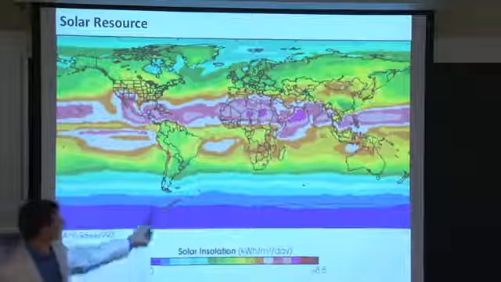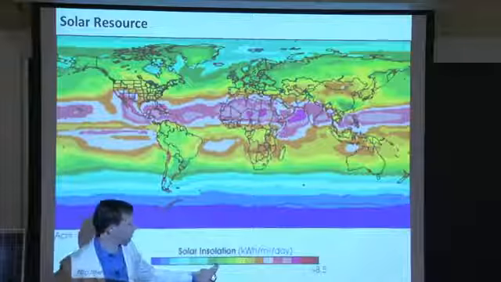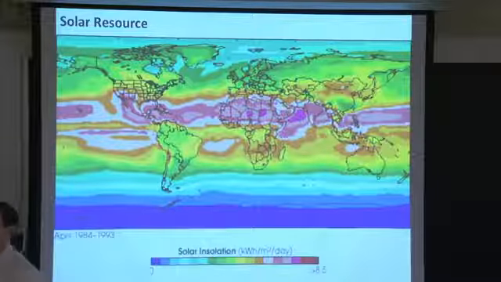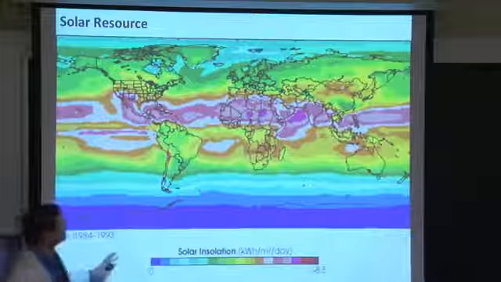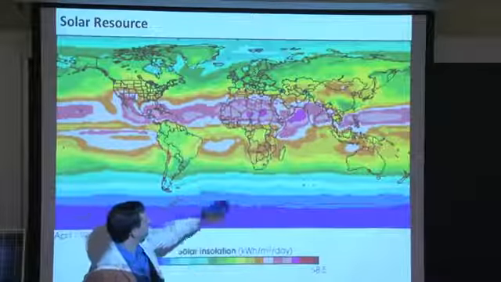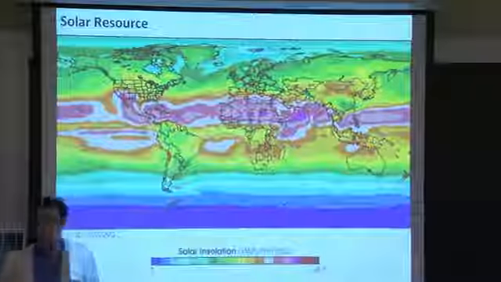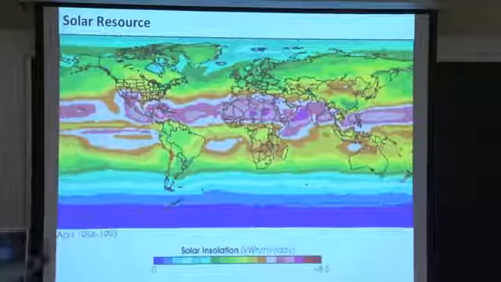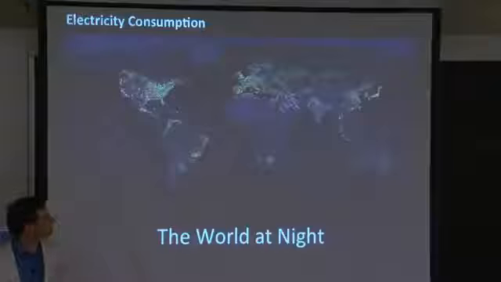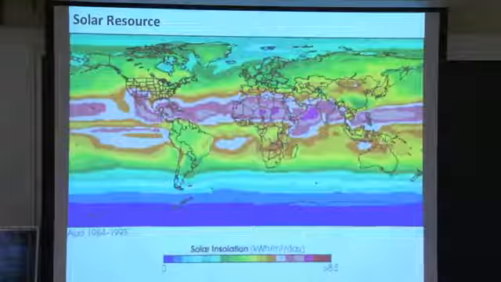But still, it's pretty amazing that the entire world is falling within about a factor of 2, maybe a factor of 3. Right? So even if you compare Scandinavia against, let's say, Kenya, you're still looking at about a variation of a factor of 3. Right? So the solar resource is pretty well matched with the regions of the world that don't have electricity right now, where the demand will be coming online.